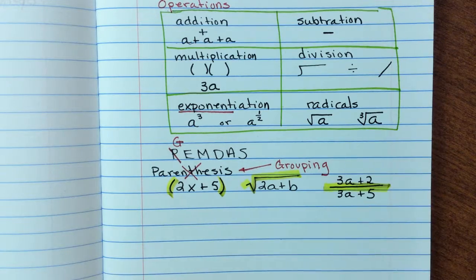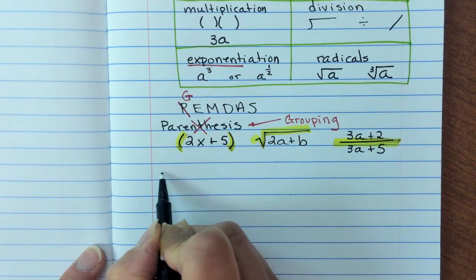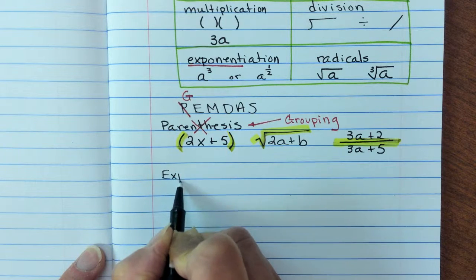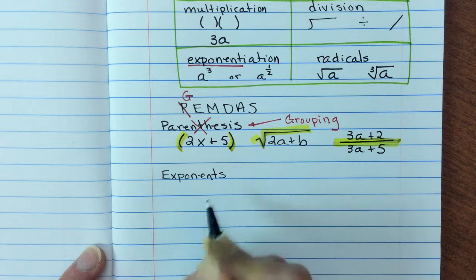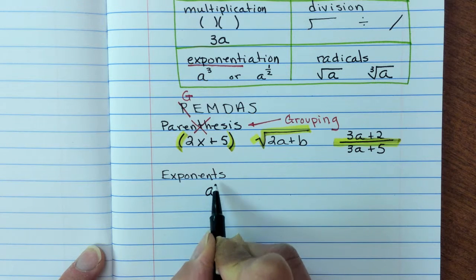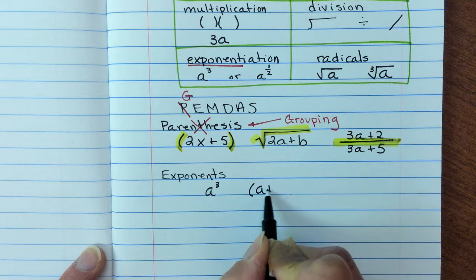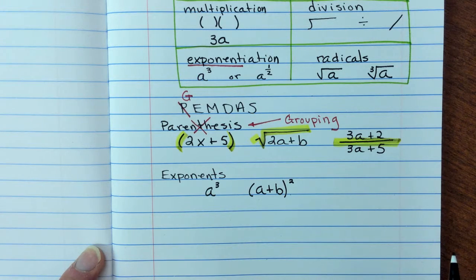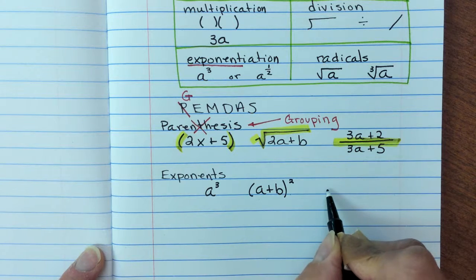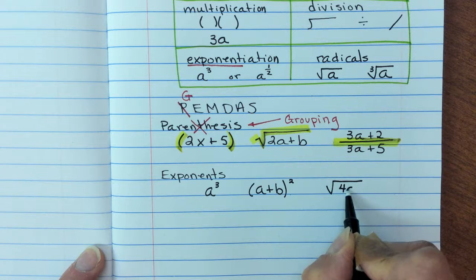Okay, so then let's look at some other things. What do we have? The next is our E, which are exponents. So that's something like A cubed or A plus B squared. Okay, and we can even think of this as the square root of 4A.